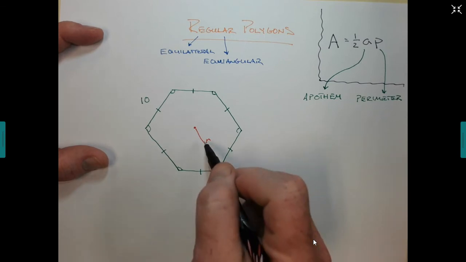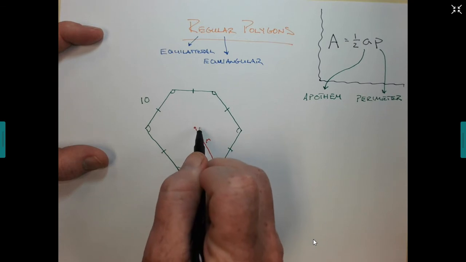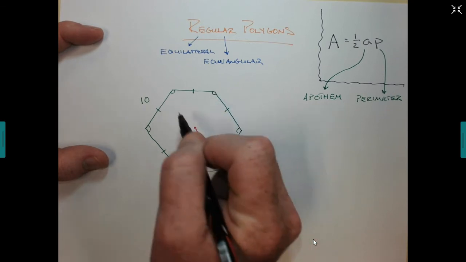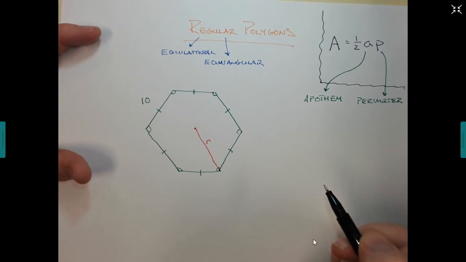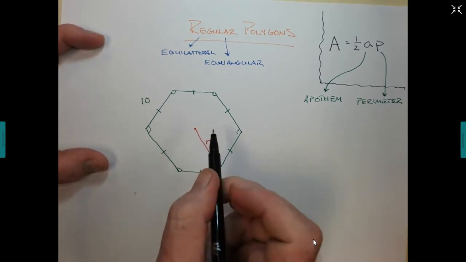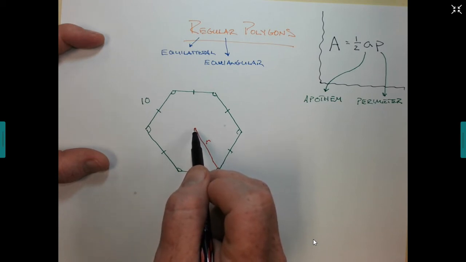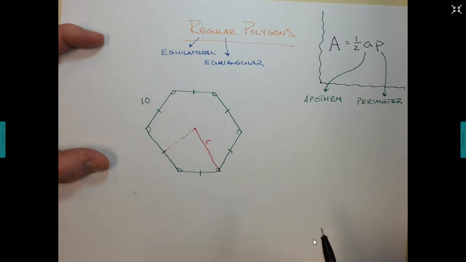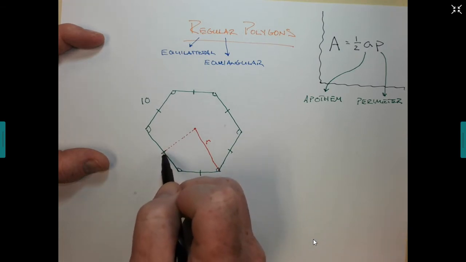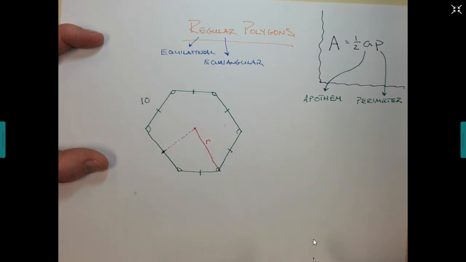So you want to think, how many radii could be in a hexagon? Well, I could draw one over here and here. I could draw one to all of the points. That means there's 6 different radii in here. An apothem is the distance from the center to the center of one of the sides, and that is not a radius.